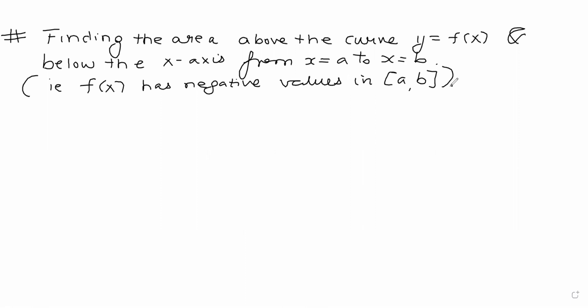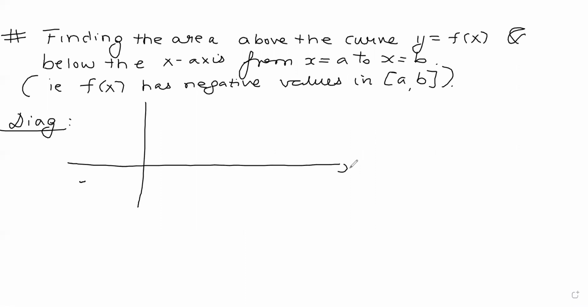So again I can say step 1. So suppose I draw a diagram for all students first before writing the steps. Now guys, the diagram is as follows. This is the x-axis, this is my y-axis, and you can see now that I am drawing a curve.